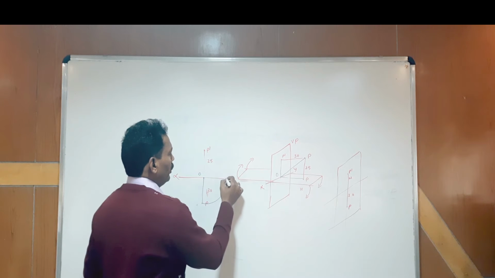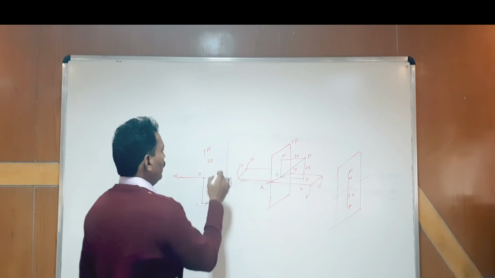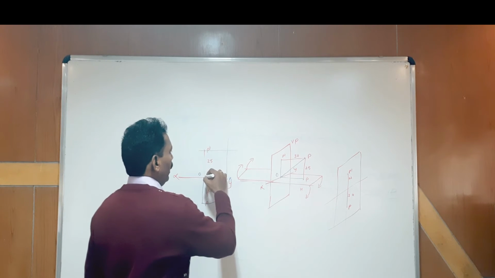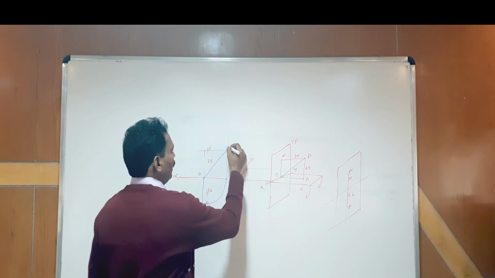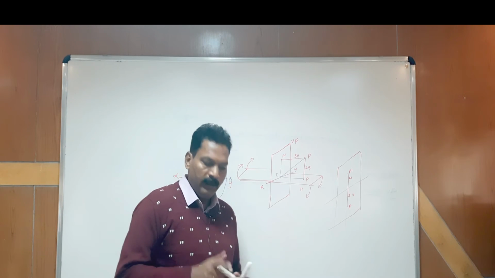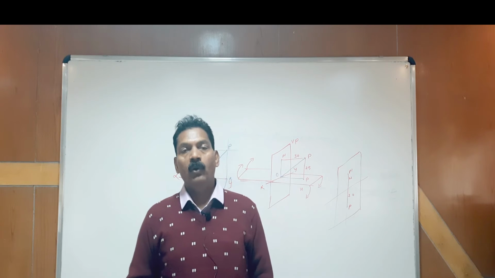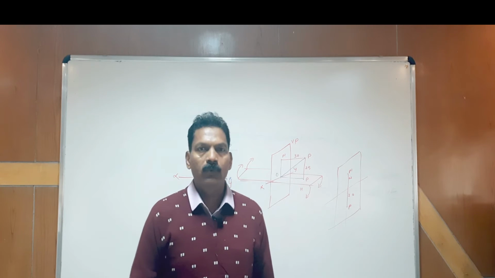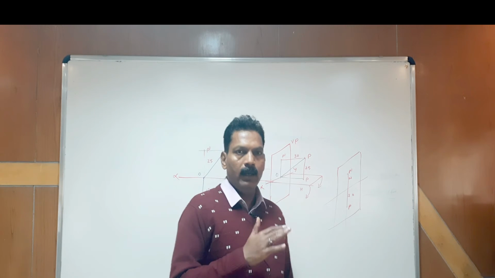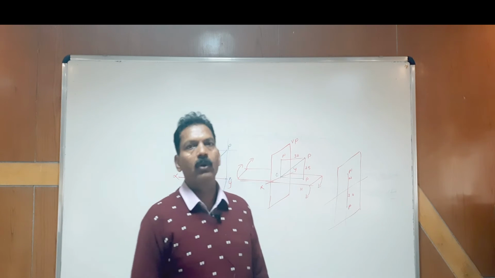You draw a vertical line parallel to this projector line and a horizontal line parallel to the XY line, you will get a rectangle, and find the diagonal of this rectangle, you will get the shortest distance. One thing you have to remember: you always rotate the top view, not the front view. Rotate the top view in the anti-clockwise direction, complete the rectangle and draw the diagonal, and the diagonal of that rectangle will be the shortest distance.